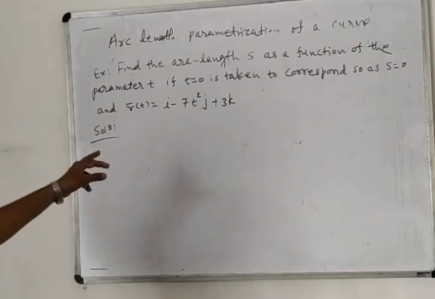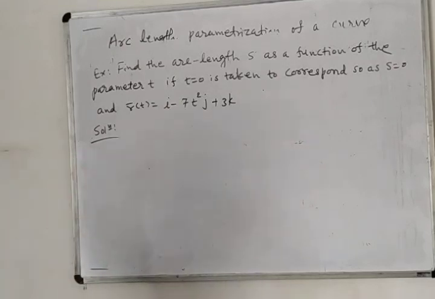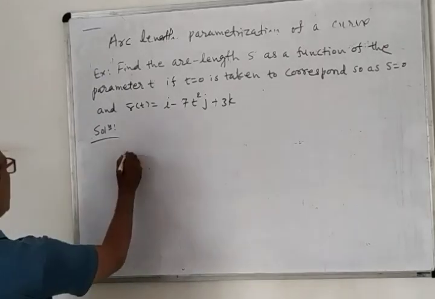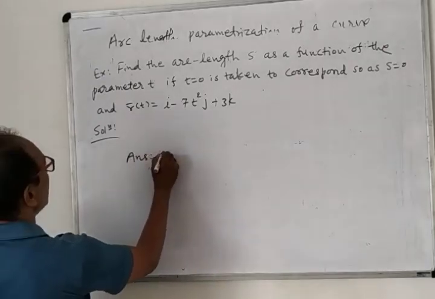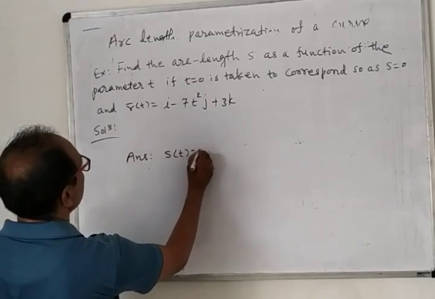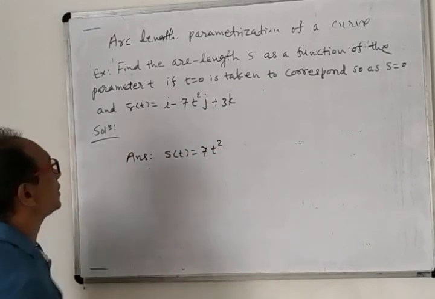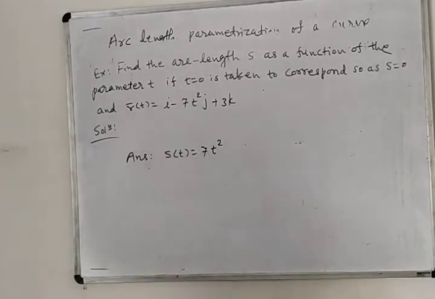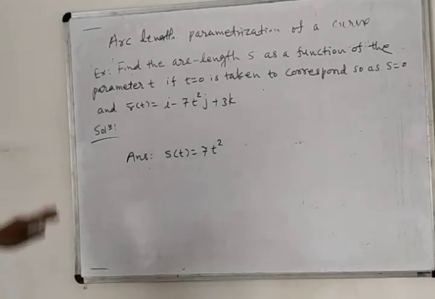Everything is same except r bar t. And here you will obtain the answer. The answer I will give you: s of t equal to 7t square. So you can do it as your homework, or you can do this in the remaining time of the lecture. Okay. So you write down this example.